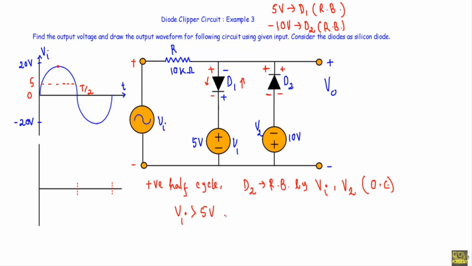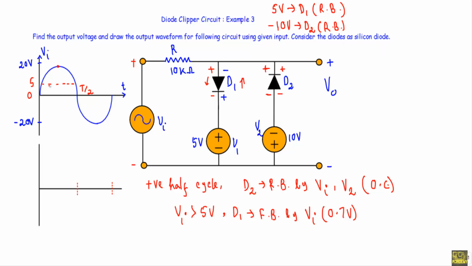Therefore, the diode D1 will be in forward bias by the input voltage Vi, because it will minimize the effect of the bias voltage. In that case, I will replace the diode D1 with a 0.7 volt source because this is a silicon diode.